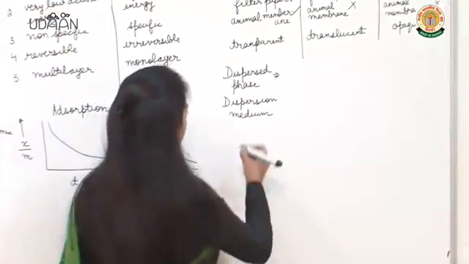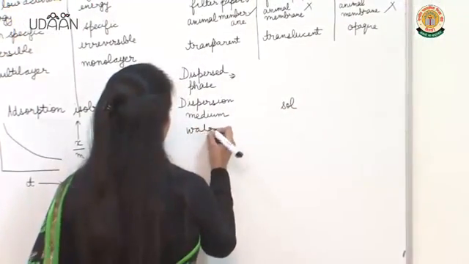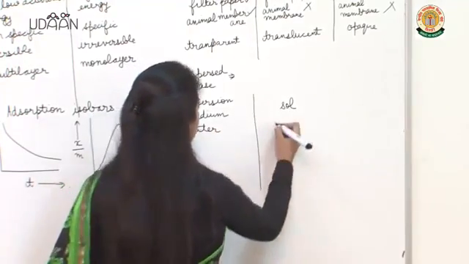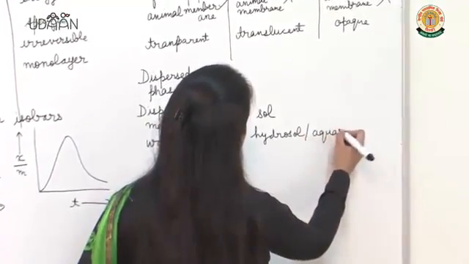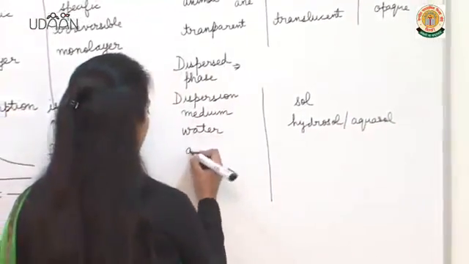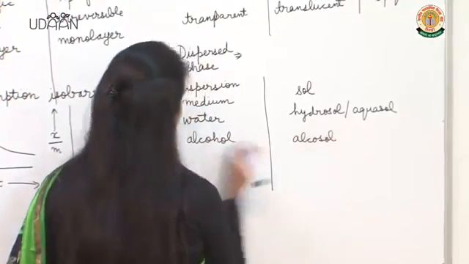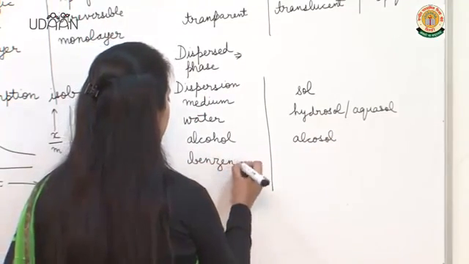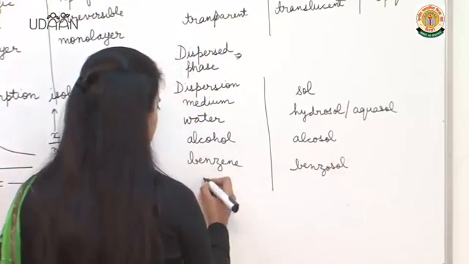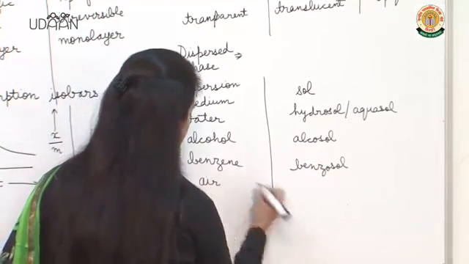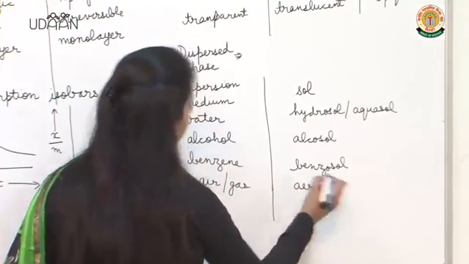If the dispersion medium is water, we say the sol formed is hydrosol or aquasol. If it is alcohol, we say it is alkosol. If it is benzene, we say it is benzosol. And if it is air or gas, then we say it is aerosol.